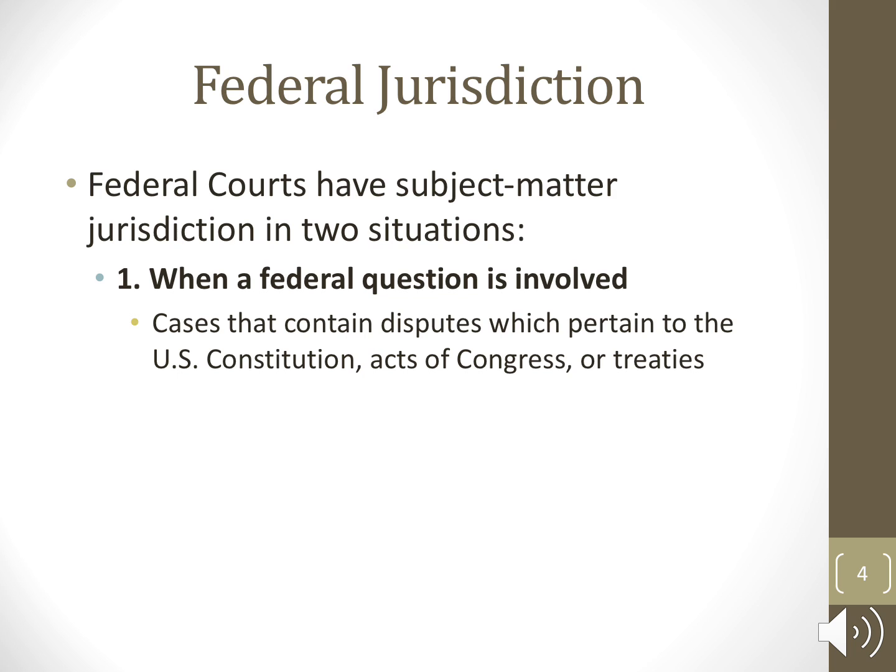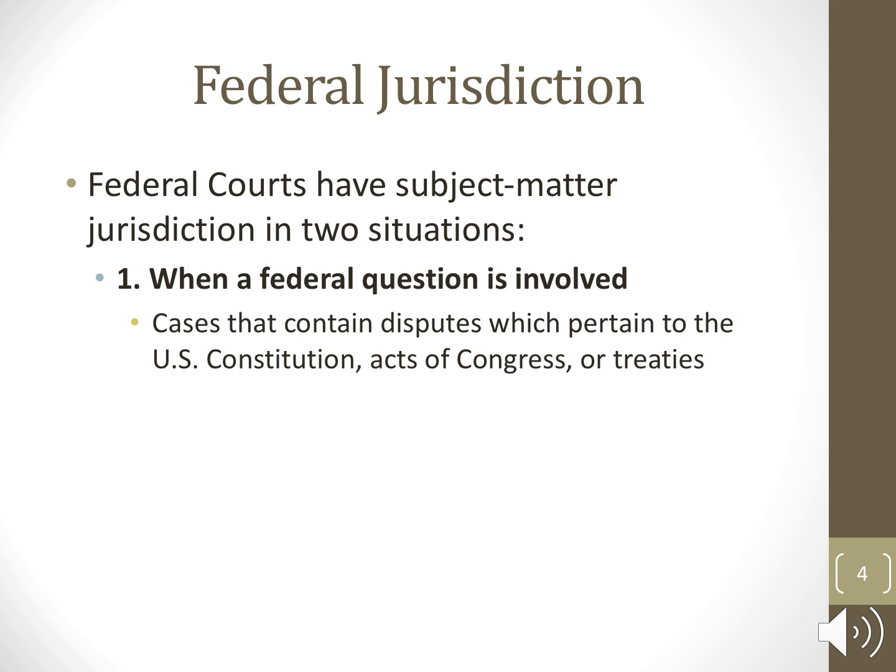There are only two ways to get into federal court. The first is when a federal question is involved. So we call this federal subject matter jurisdiction. A federal question is involved when a case deals with a dispute that pertains to a federal matter.